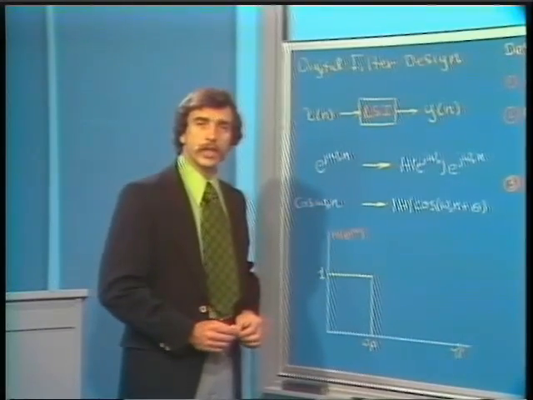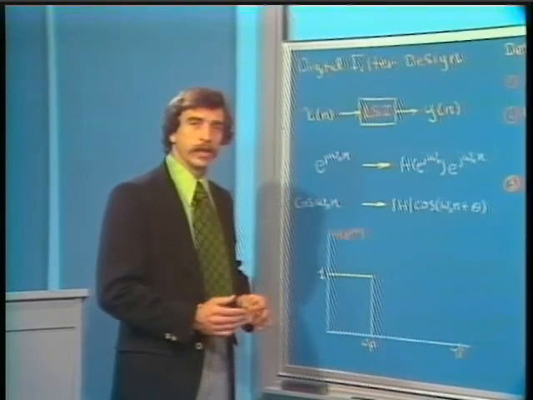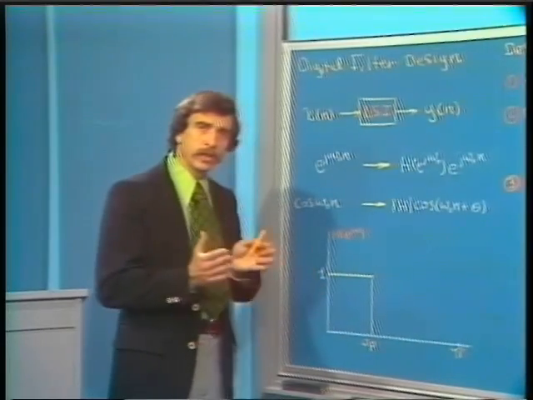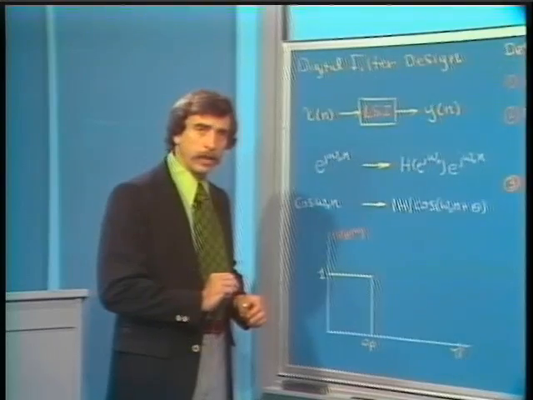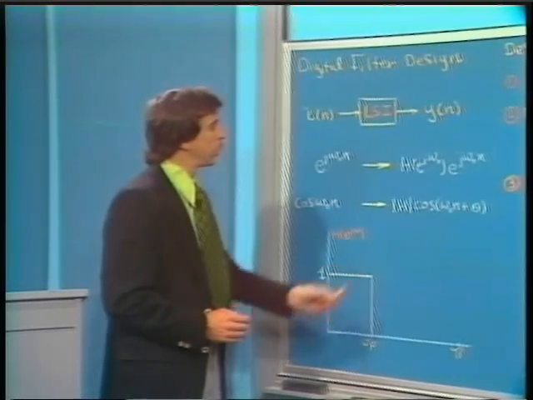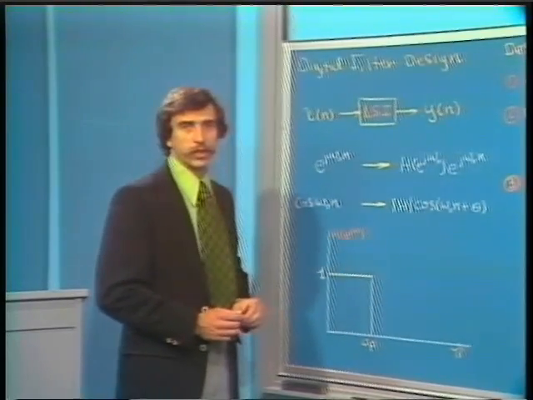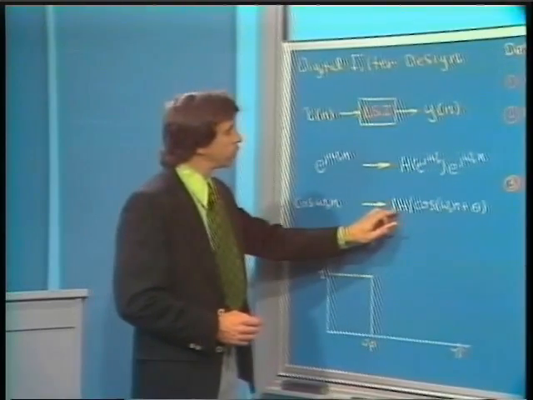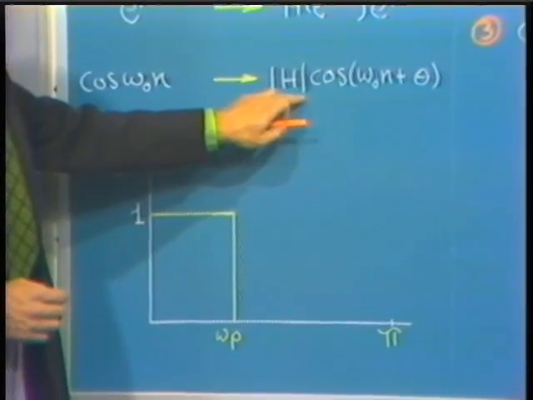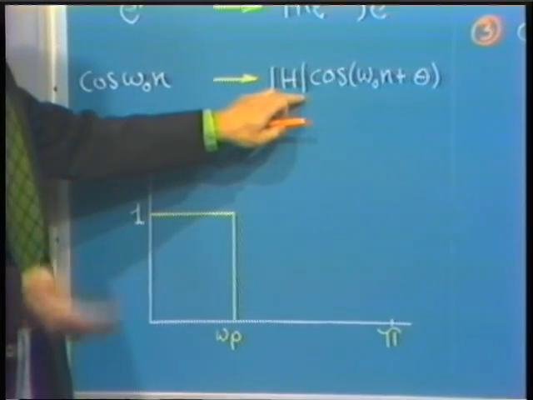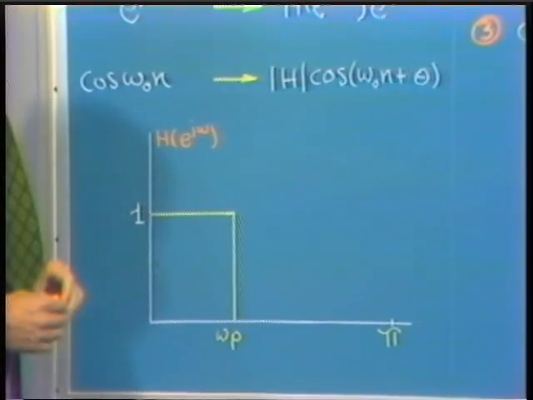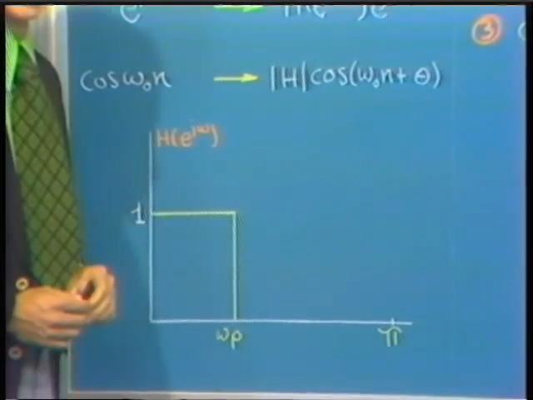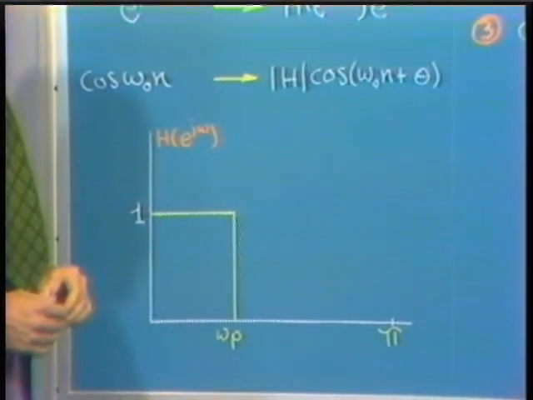And if those two signals are in different frequency bands, in other words, their spectra occupy different segments of the frequency axis, then we can choose the system function for the linear shift invariant system so that it is unity in the band of frequencies that we want to keep, and it's zero in the band of frequencies that we want to reject. That, of course, is exactly the same notion as we have in continuous time or analog systems or filters.